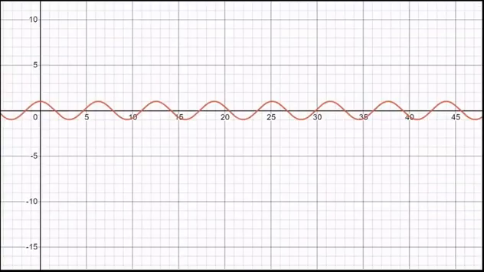The only thing varying is cos phi. So cos phi can take values from plus 1 to minus 1.